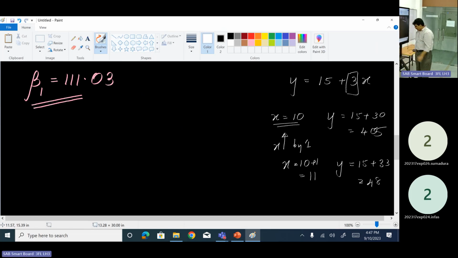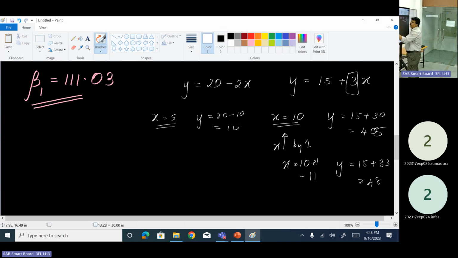Now suppose you have another model like this. Y equals 20 minus 2x. My x is 5. Arbitrarily, I'm choosing a value for x. So I'm finding my y value. Y is 20 minus 10, which is 10. I'm increasing my x by 1 unit.